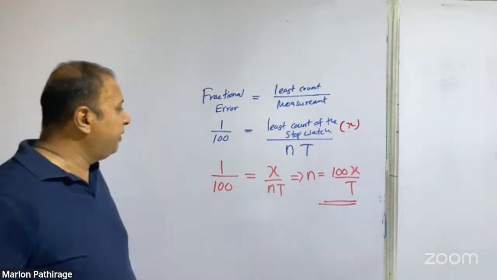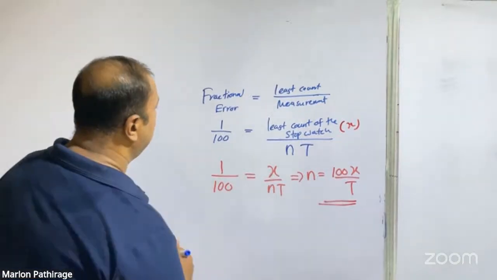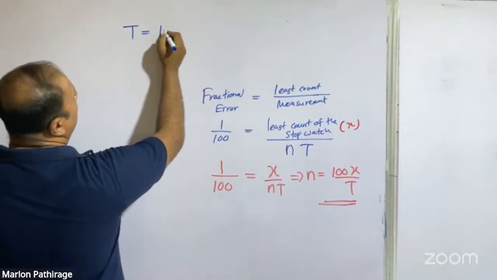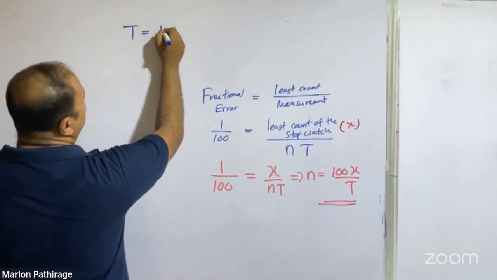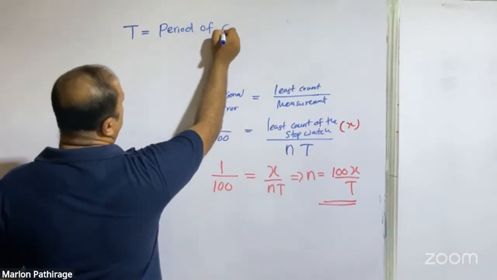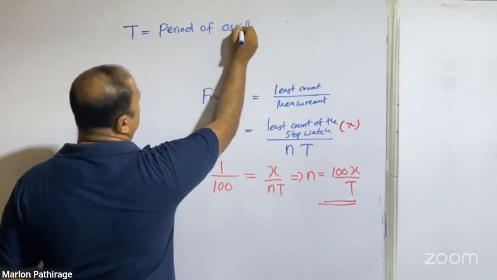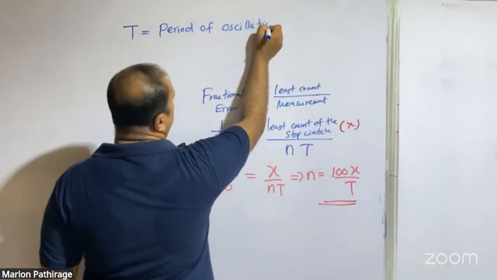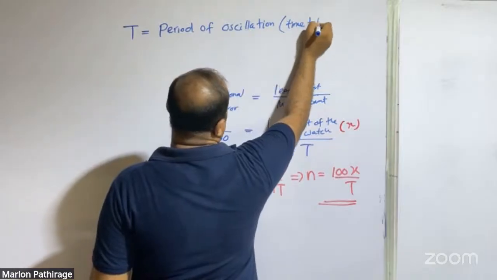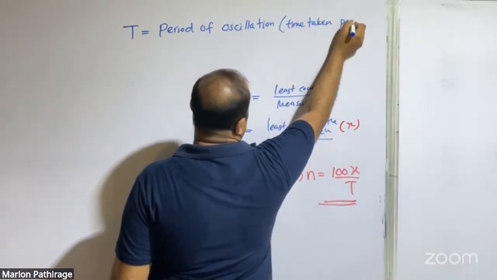Here T means period of oscillation. I have taken it for one oscillation.